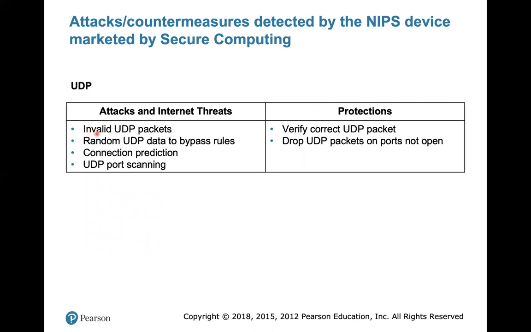For example, if a packet comes in as an invalid UDP packet, the protection that this company's NIPS applies is to try to correct it. If a random UDP packet comes, it drops the UDP packet. And there are other attacks that we haven't talked about.